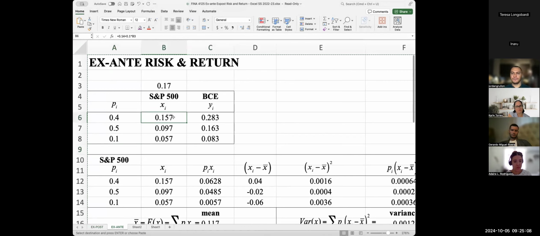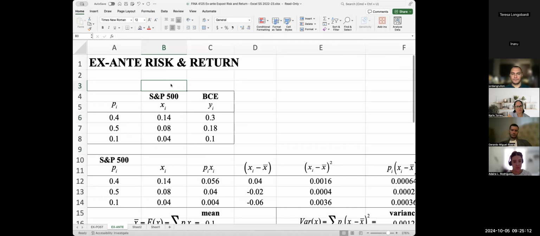So I can put 14 here. I have all these stray numbers. So this is 0.14. This is 0.08. And this is 0.04. And this is 0.3, 0.18, 0.10.